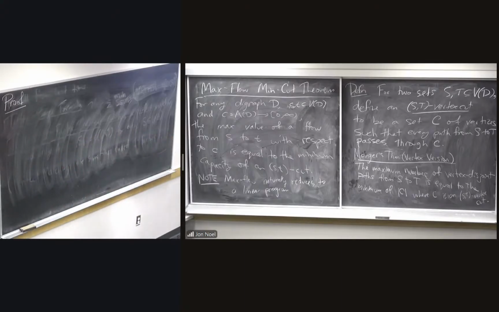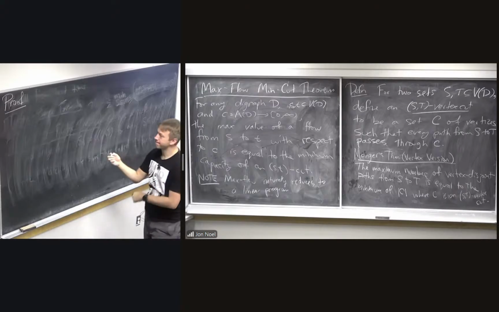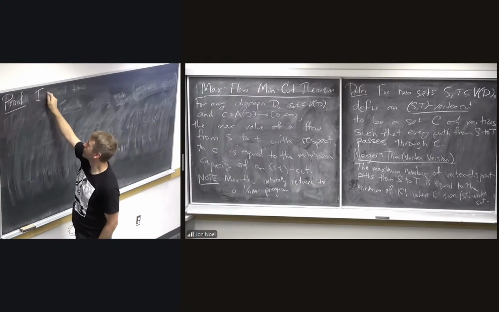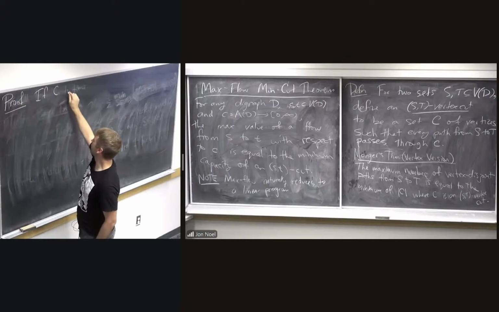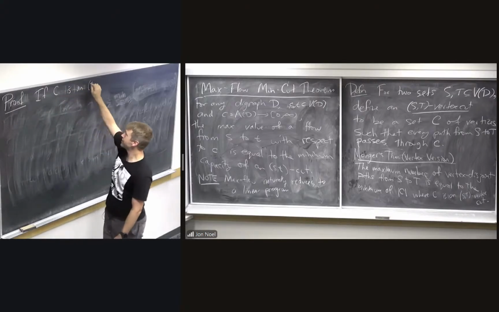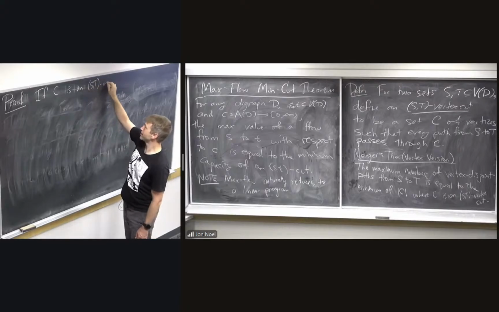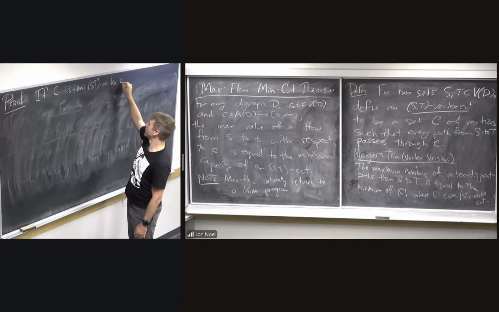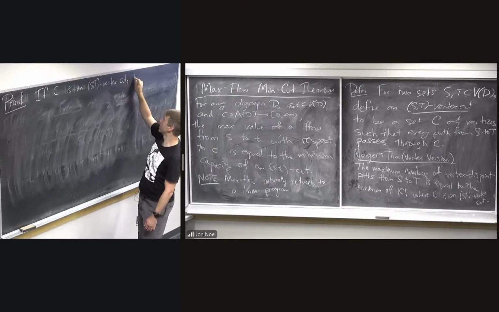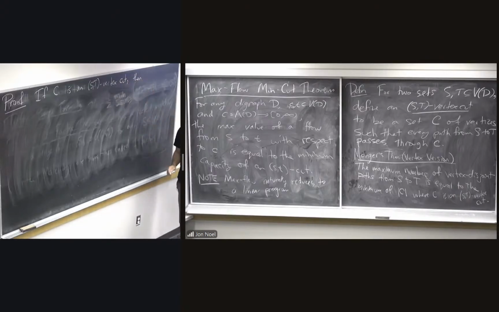Okay, so let's prove this. One direction is really easy. If C is an ST vertex cut, then you can't have more than the cardinality of C vertex disjoint paths from S to T, because this is a bottleneck.